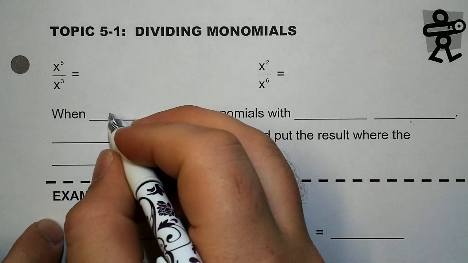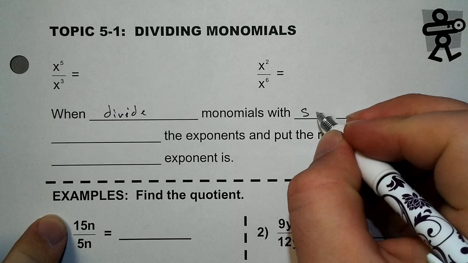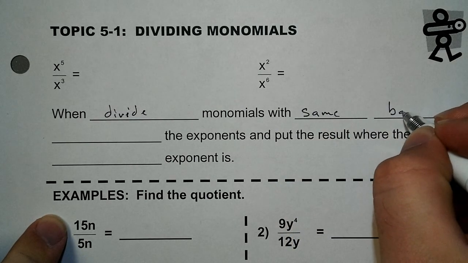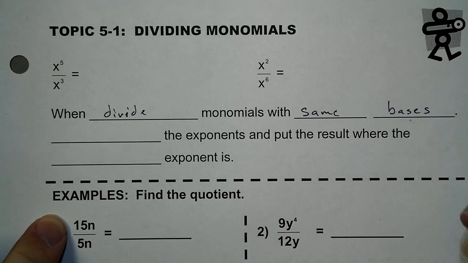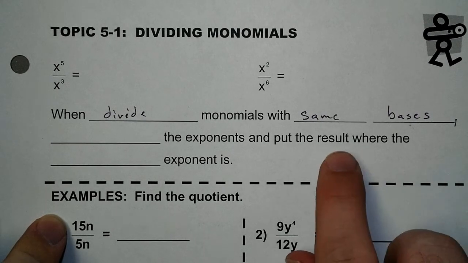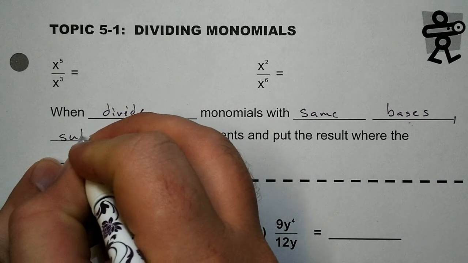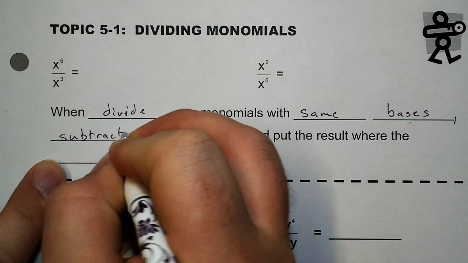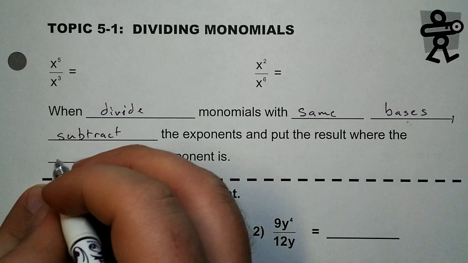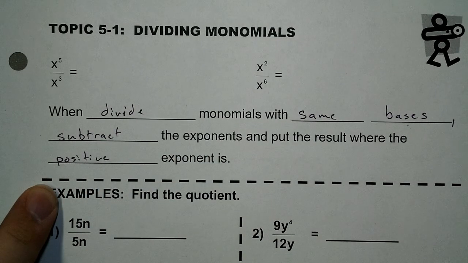Now, when you divide monomials with the same bases, you're going to subtract the exponents and put the result where the positive exponent is.